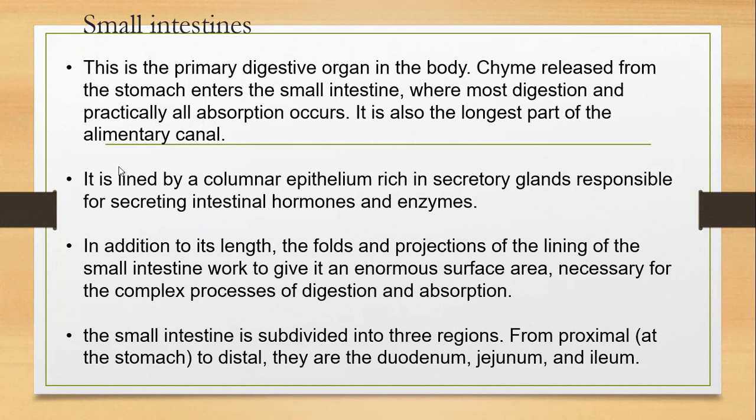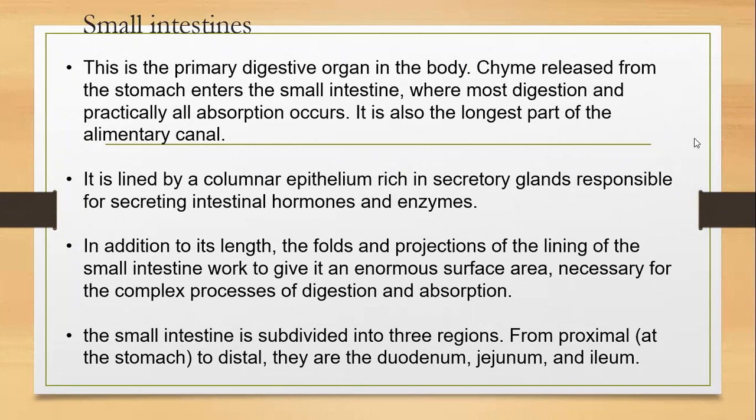So both digestion and absorption will mainly take place in this part of the GIT. For that reason, it is lined with cells that are responsible for secretions. These secretory cells will produce a lot of fluids, electrolytes, enzymes, and also mucus.